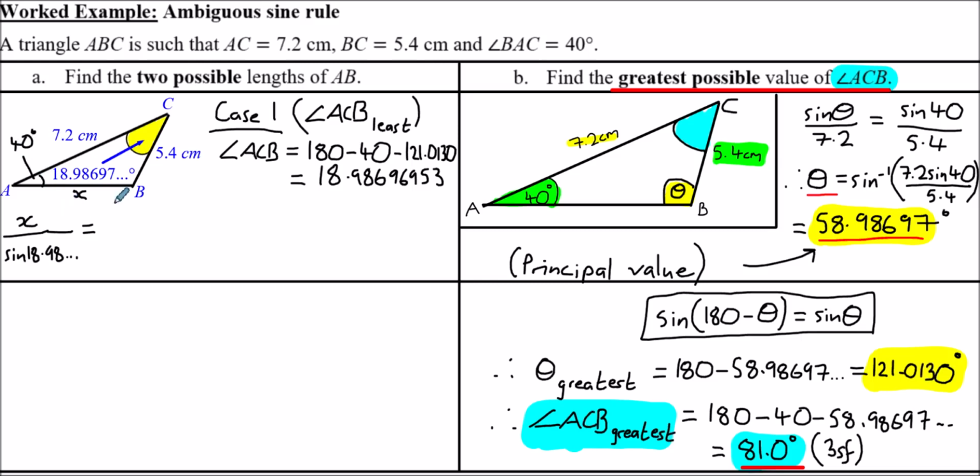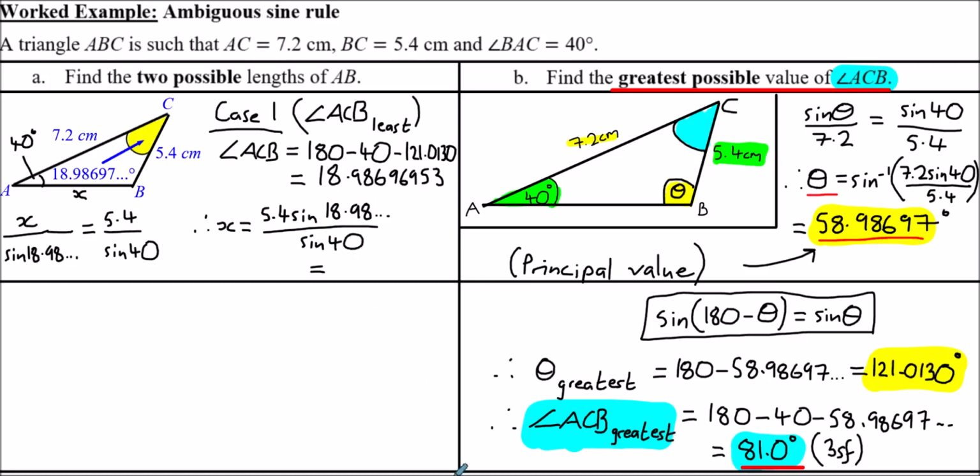So I'm going to say that's the same as 5.4 over sine 40. So in this case, this can be rearranged so that x equals 5.4 multiplied by sine 18.98, so on and so forth, divided by sine 40.